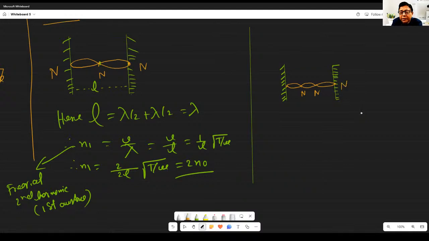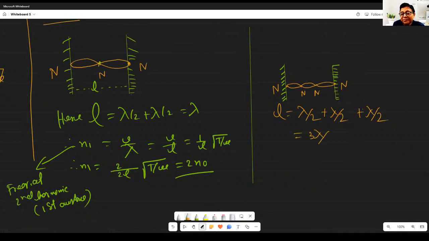Because ends are not free to vibrate. So nodes at the end. More loops are there. So L is going to be lambda by 2 plus lambda by 2 plus lambda by 2.